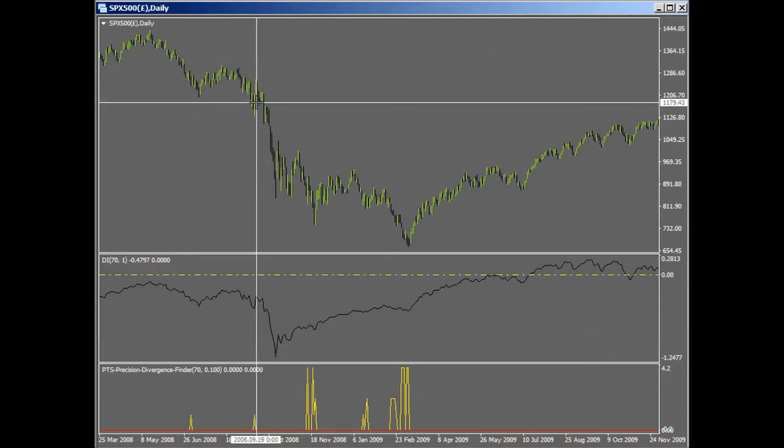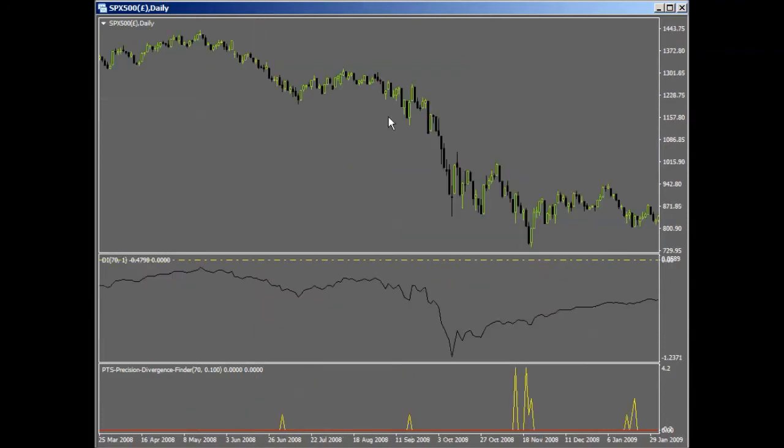Those who buy without stops have a huge problem here, because the signal is given just after this goes back to 0, and the thing just went crash, crash, crash. 1300, this is the S&P 500, 1300 down to a low of 730-ish.